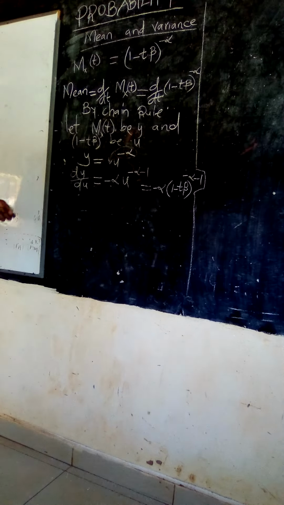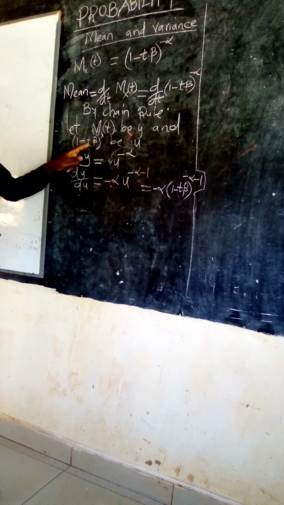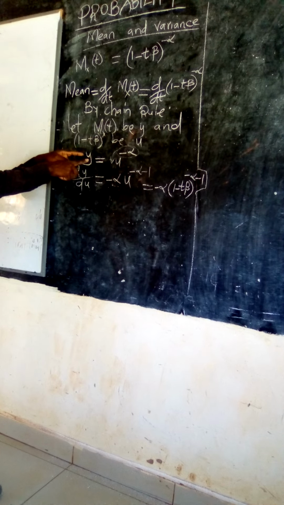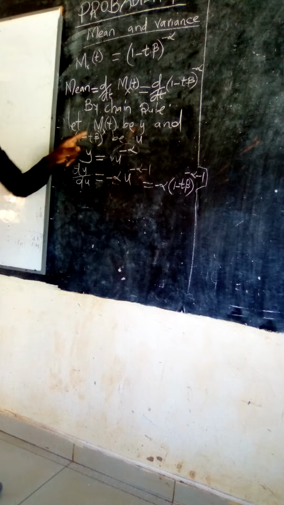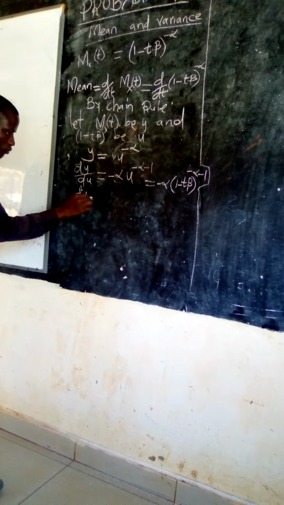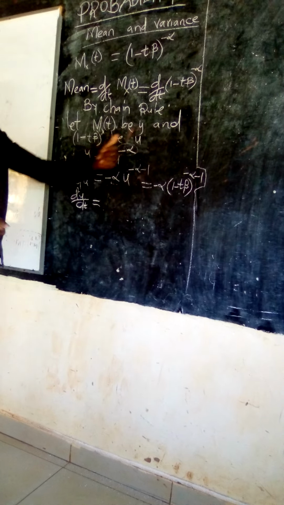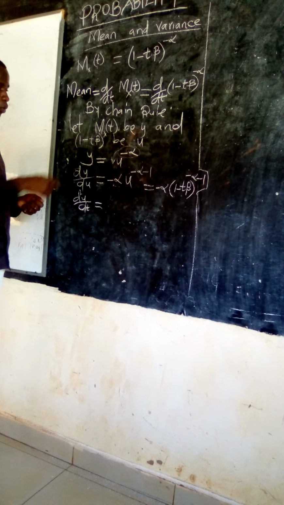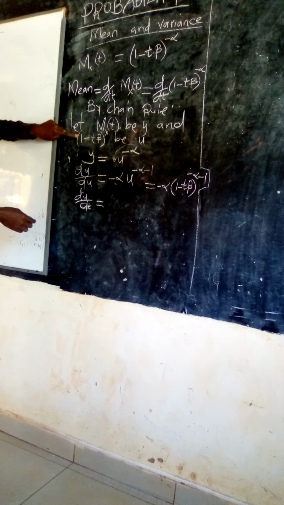Now after that, you need to get du dt. Very, very important, because the chain rule states that I'll be getting dy dt, and therefore I need to know du dt. Now let us see du dt. To differentiate the function of u here, that is 1 minus tb, with respect to t, I need to differentiate a constant.